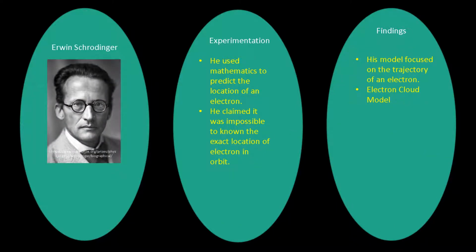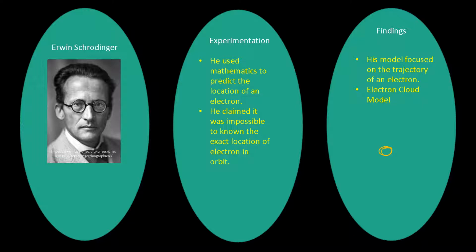Our last scientist is Erwin Schrödinger. He used mathematics to predict the location of an electron. And first he claimed that it was impossible to know the exact location of an electron in orbit. So his model focused on the trajectory of an electron. It's called the electron cloud model.